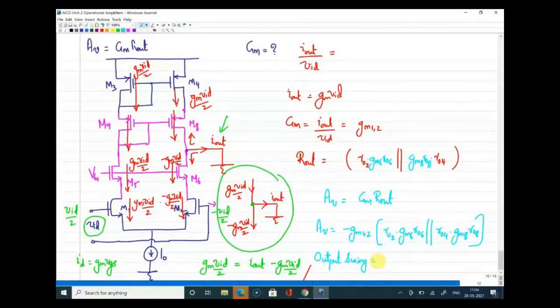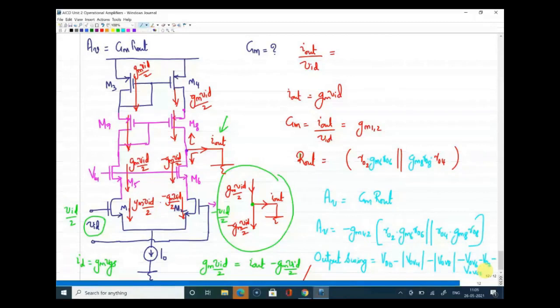Sir, it will be VDD minus VOV of 4, minus VOV of 8, then minus VOV of 6 and VOV of 2. And one more is VOV of the current source. I'm just writing VOV because the overdrive of PMOS will be negative, that is why I'm taking the magnitude. Thank you, Bharat. Yeah, this is your output swing.